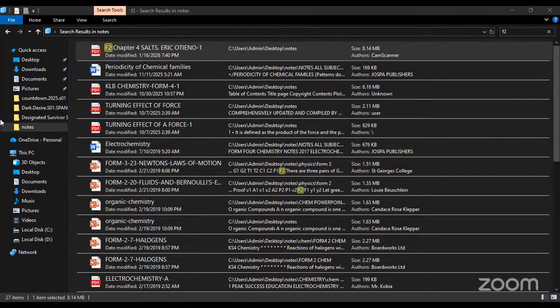Just have a brief look now, introducing this salt. Now I'll be writing some of the things, maybe the questions we can do. But the good thing now is I'm teaching people who already know how to write ionic equations, how to write equations. Of course, I'll be touching on the same things again, but now most of the time, we will not be writing the name of the salt.